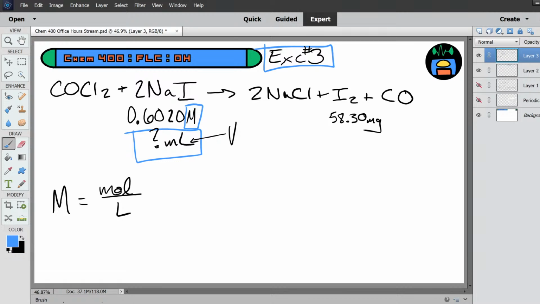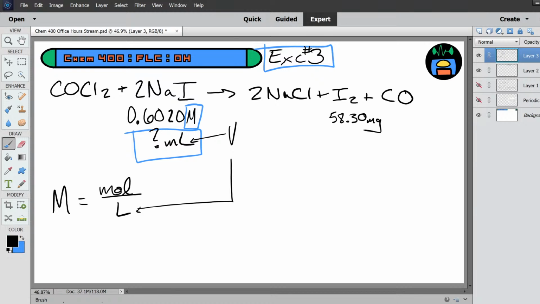Now, milliliters and liters are different units, but liters is also a volume, right? So if we find the number of liters of this solution that we need, we just convert it to milliliters and we're good, right?